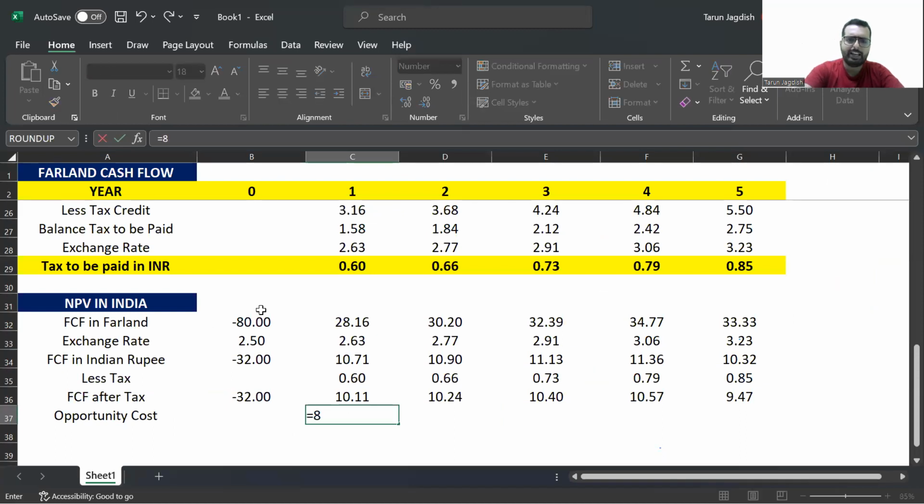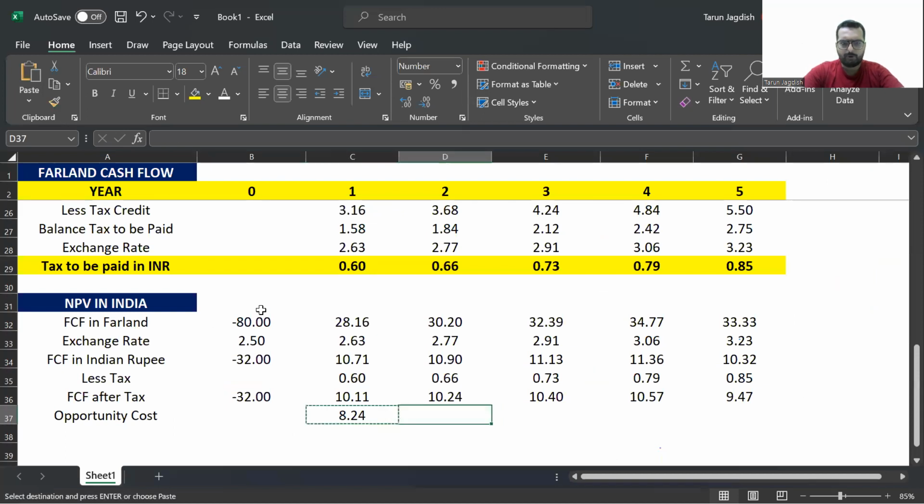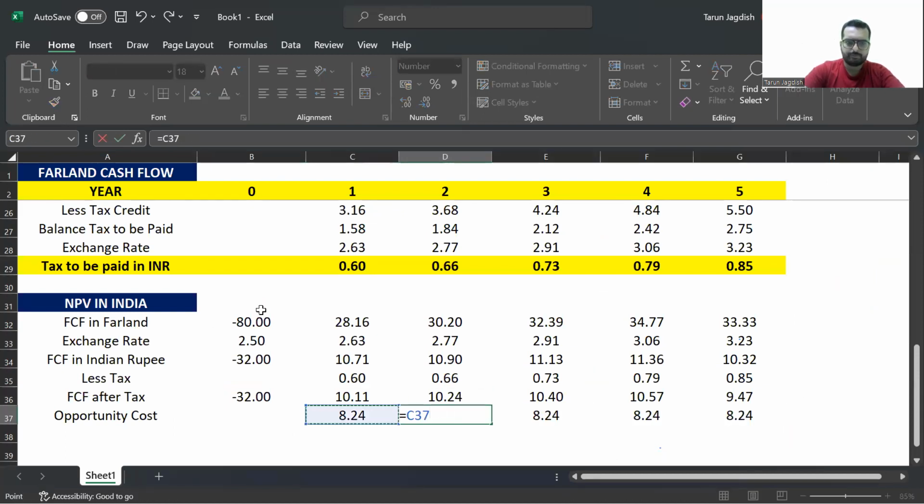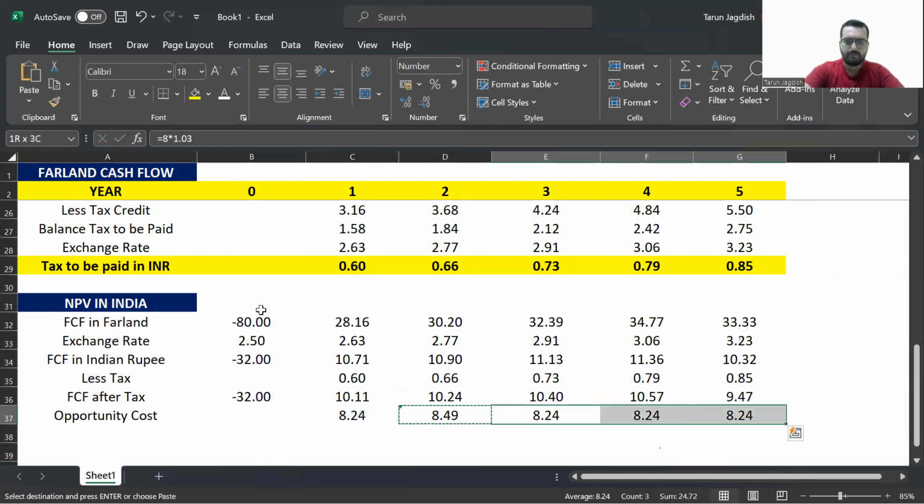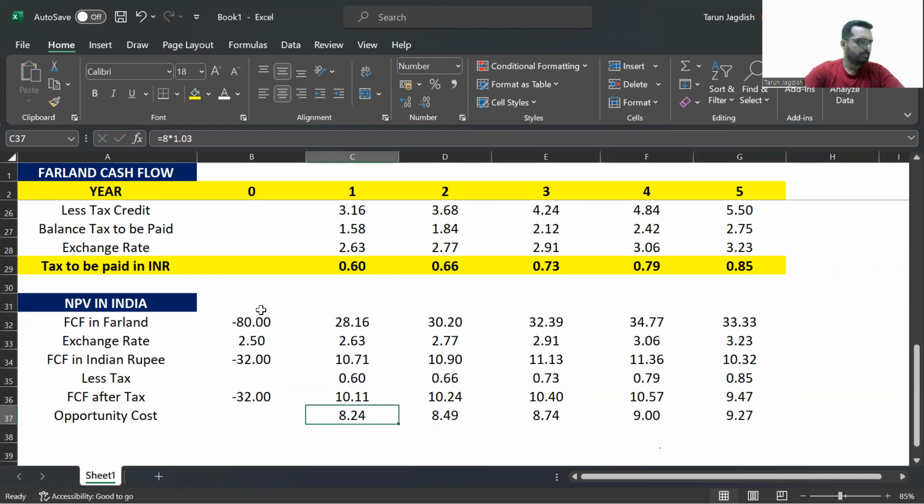So here it will be 8 into, I think in India the inflation is only 3%, right? 8.24, 8.49, 8.74, etc. I think I've covered everything. Tax is covered. This is also covered.